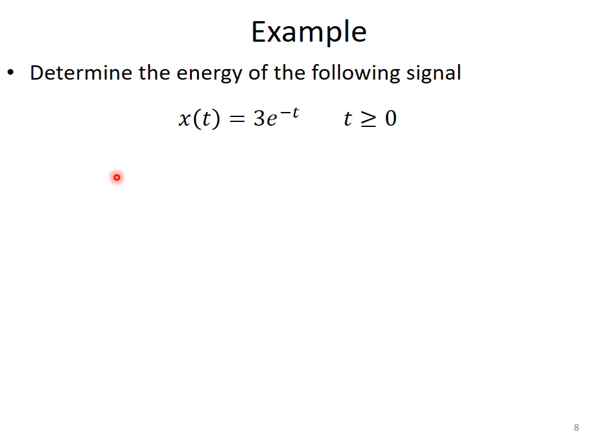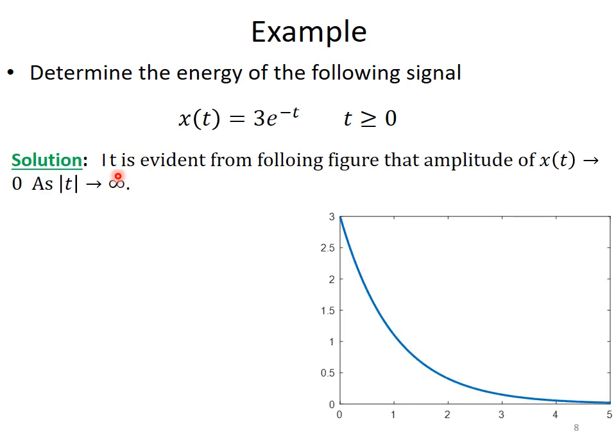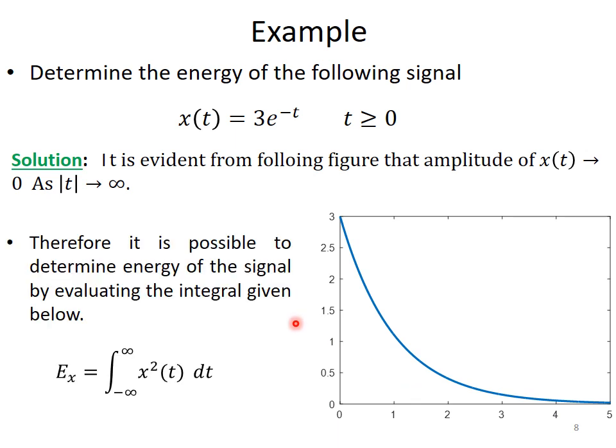If it was an increasing exponential, then obviously we cannot find the energy of that signal, right? So graphically you can see that the signal starts from 3 when t equals 0 and converges to 0 when time reaches infinity. So obviously this signal is bounded, and energy can be determined using this integral.